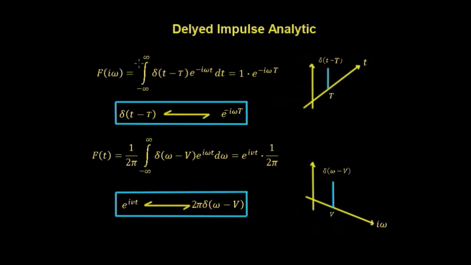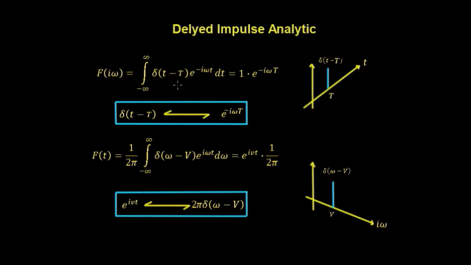So we've got to integrate the function. Well, what is our function? Our function is our delayed impulse, which is delta(t minus T). So this is our delayed impulse shown here. It's delayed by a factor of T, and this is the height, delta(t minus T). When we take the Fourier transform, we integrate from minus infinity to infinity, e to the minus i omega t dt.